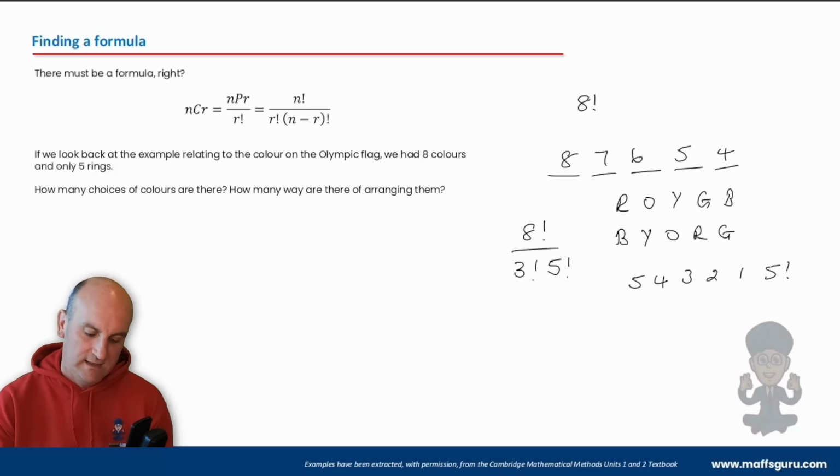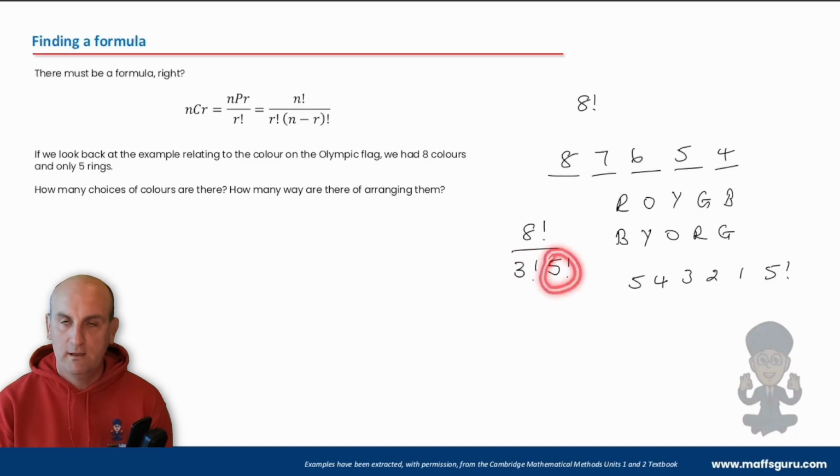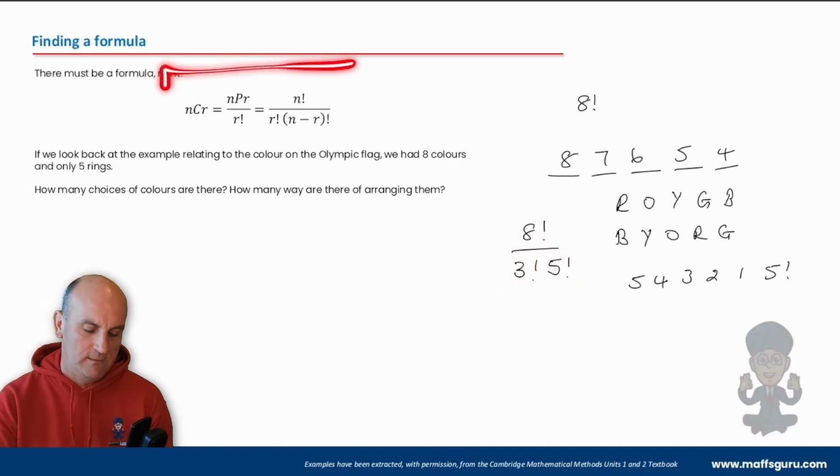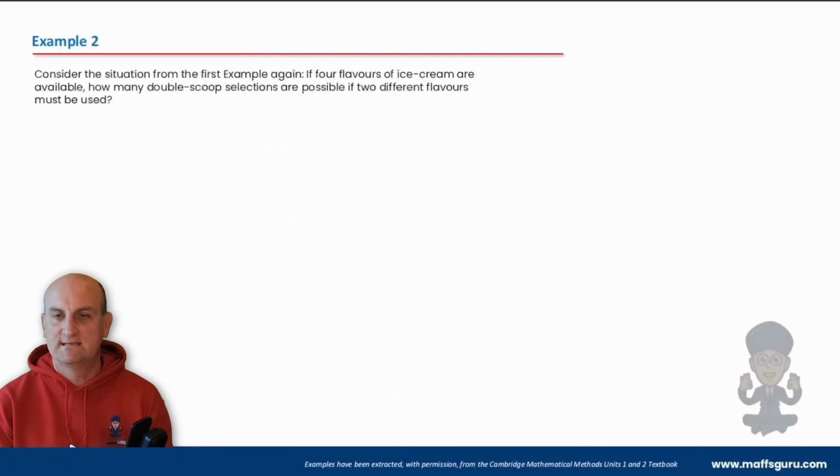Again, a different way of thinking about it. There's my n factorial, there's my n minus r factorial, which is 3, and there is my group size. And we tend to notice those 2 values add to make that value as well. So put that in your summary book. Hopefully this is making sense.